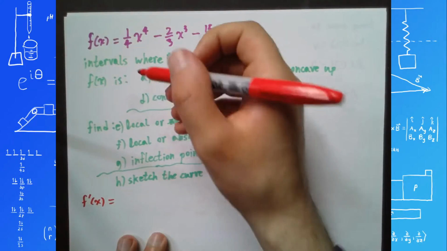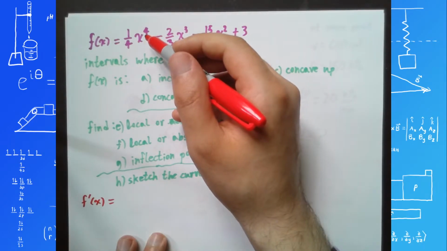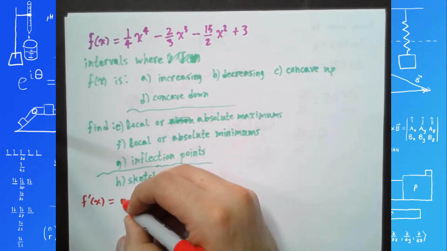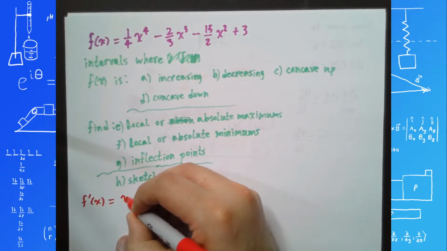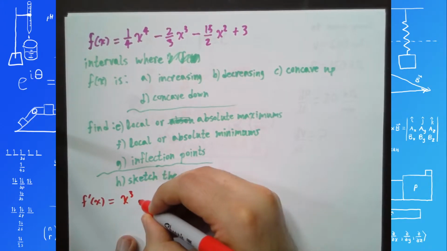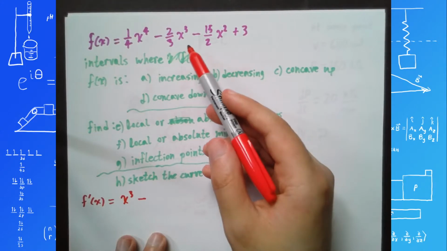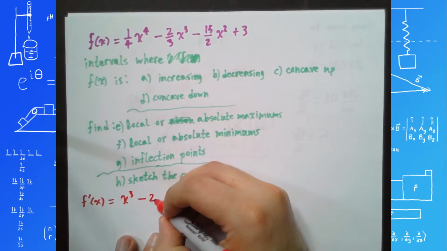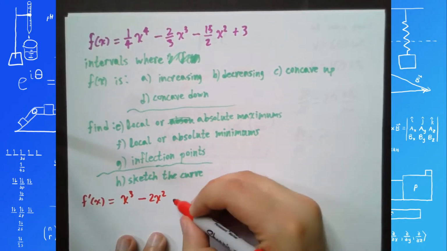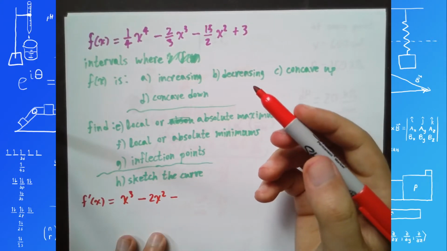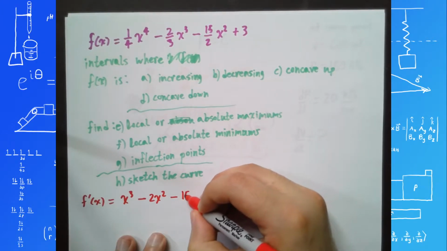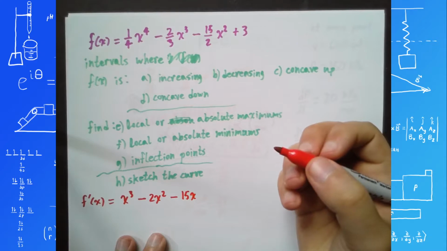So f prime of x equals the derivative of 1/4 x to the 4th, which is just x cubed, minus the derivative of 2/3 x cubed, which is 2x squared, minus 15x plus nothing.